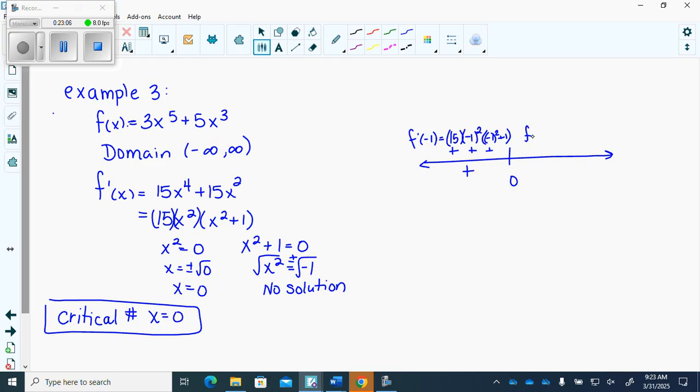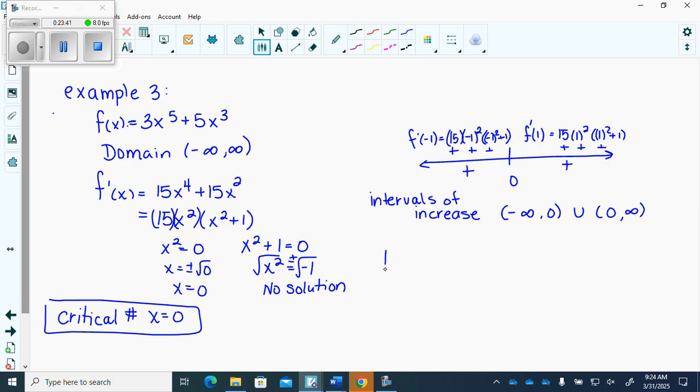And then f prime of 1 equals 15 times 1 squared times 1 squared plus 1, which is positive, positive, positive, positive. So we have increasing. The intervals of increase are from negative infinity to 0 or 0 to infinity.